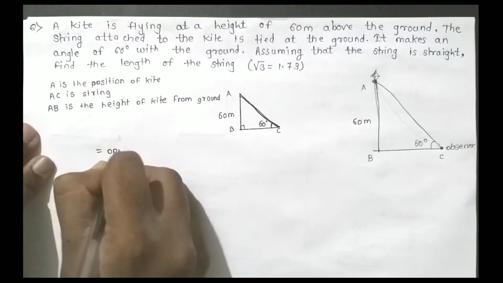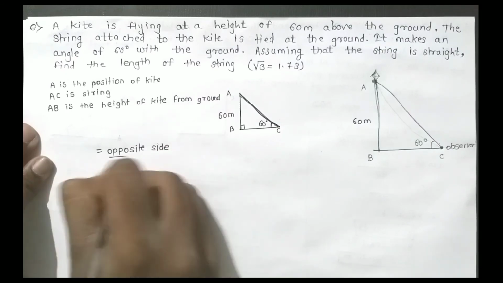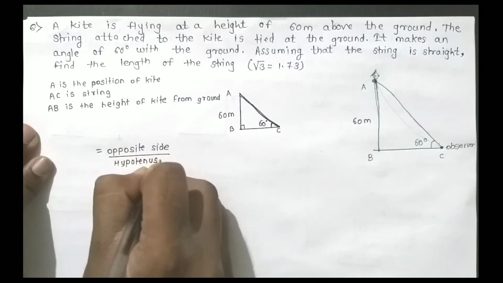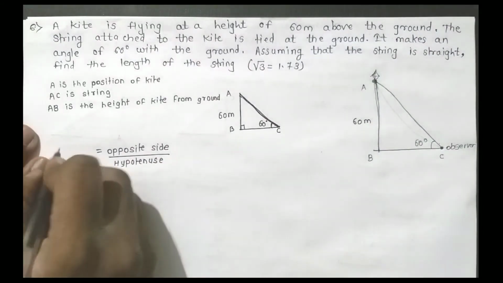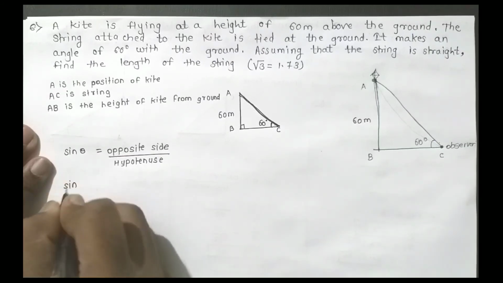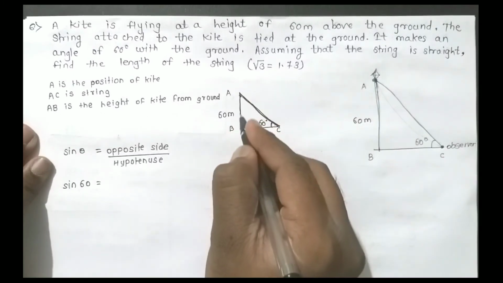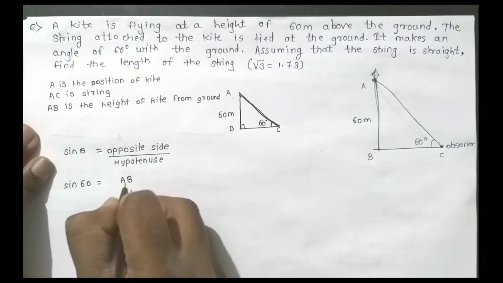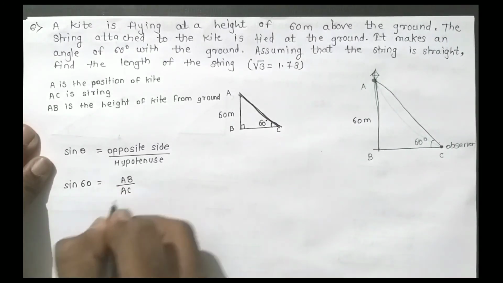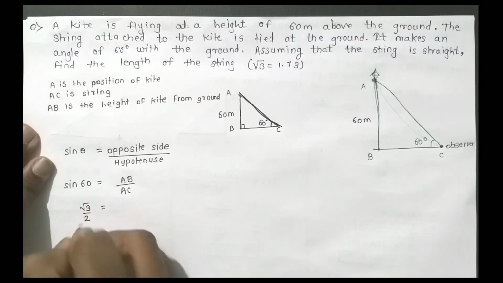So we write opposite side upon hypotenuse. Opposite upon hypotenuse is sine theta. So here sine value for theta is 60. Opposite side AB, hypotenuse is AC. Sine 60 is root 3 by 2.